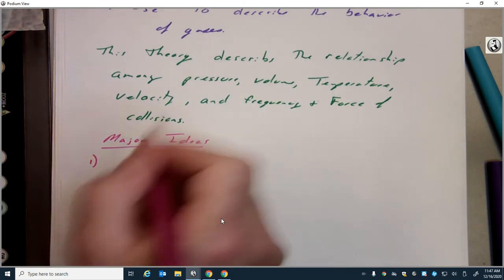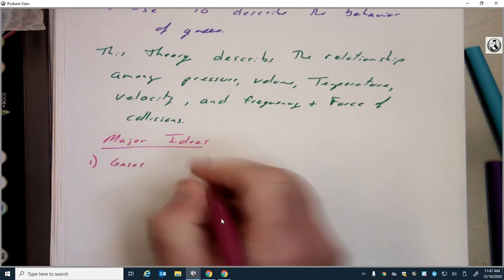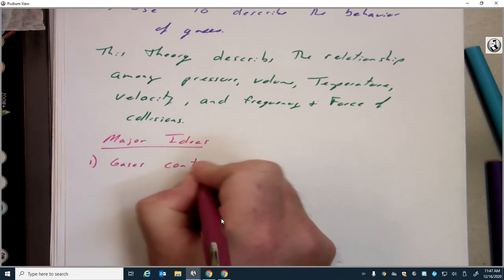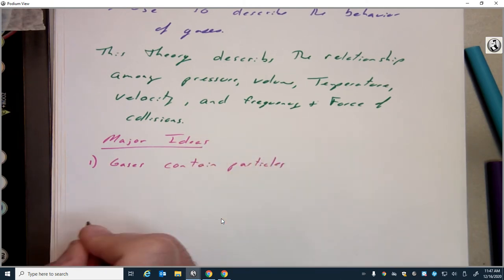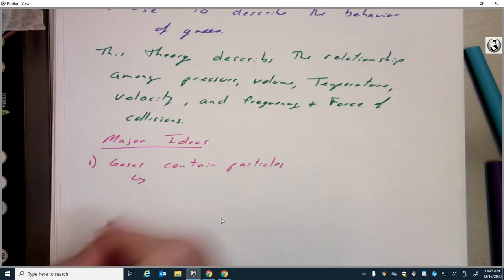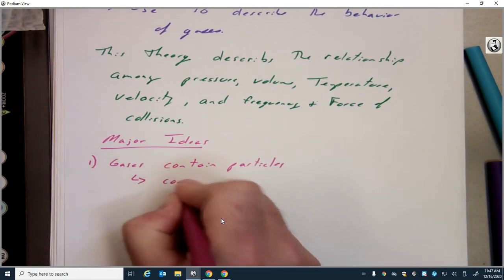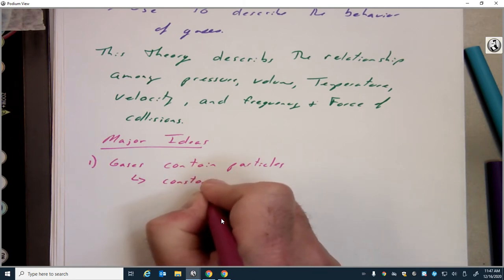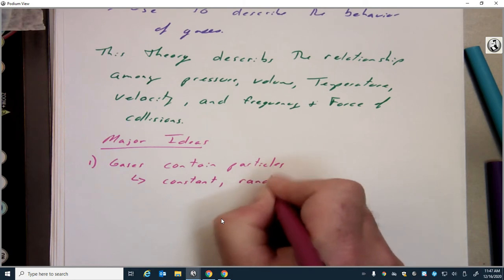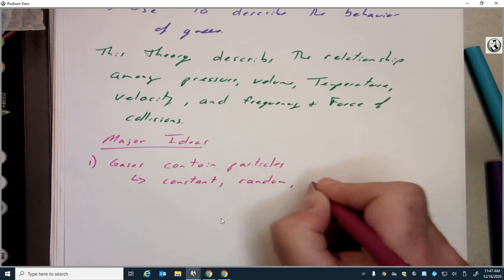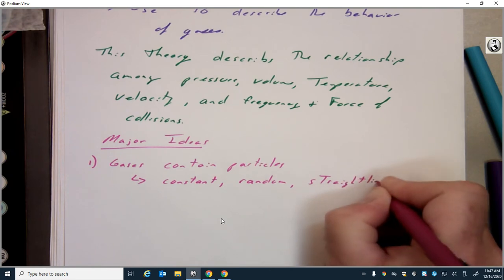So our first major idea of the KMT is that gases contain particles. And those gas particles are in constant, random, straight line motion.